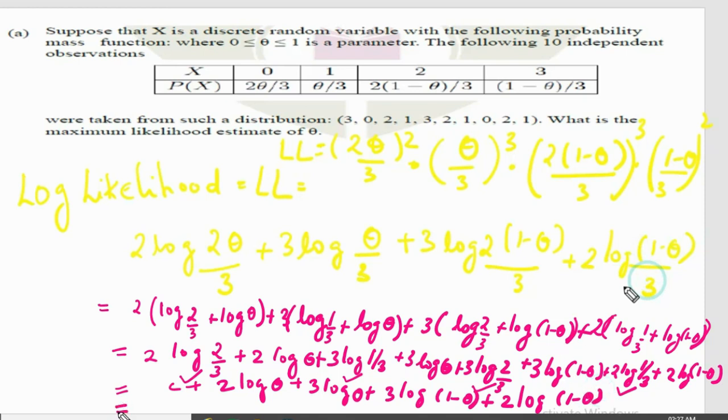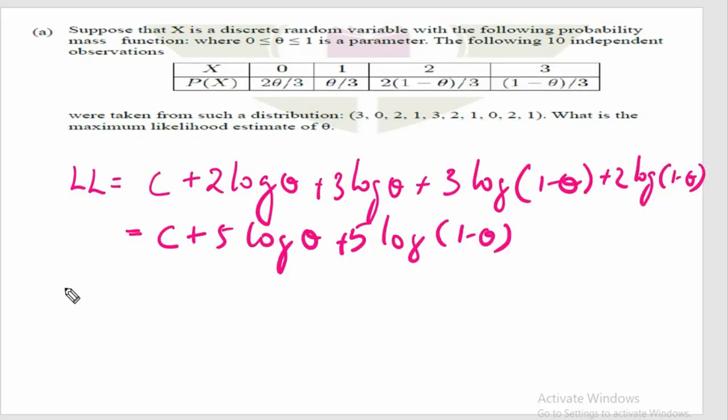Fine. So we can write it as c plus 5 log theta plus 5 log 1 minus theta. Okay, so we have reached till log likelihood.